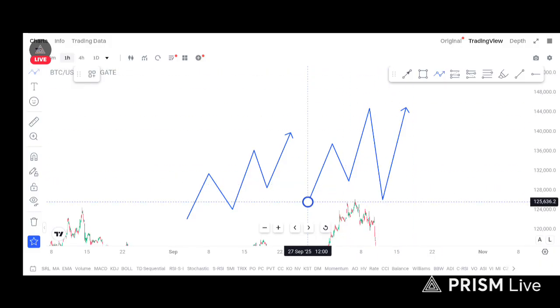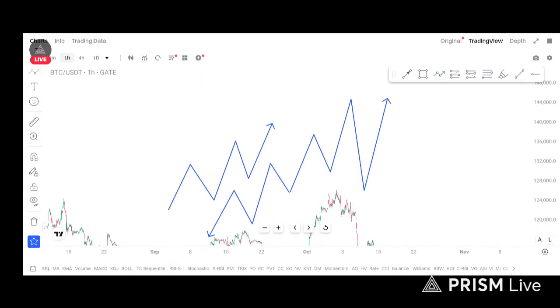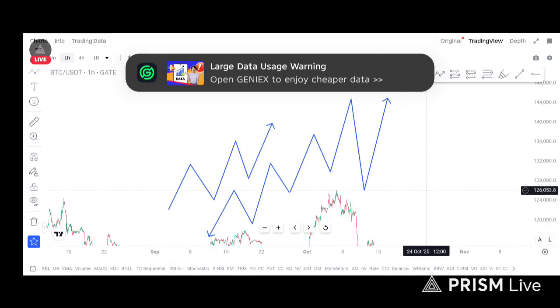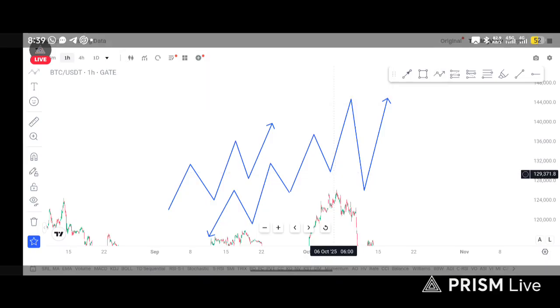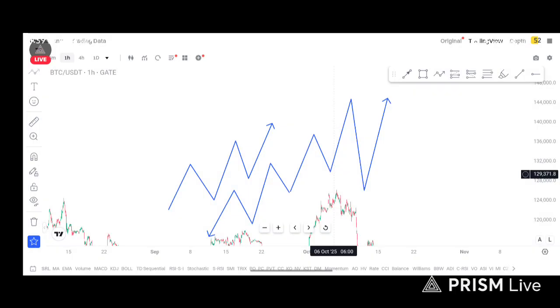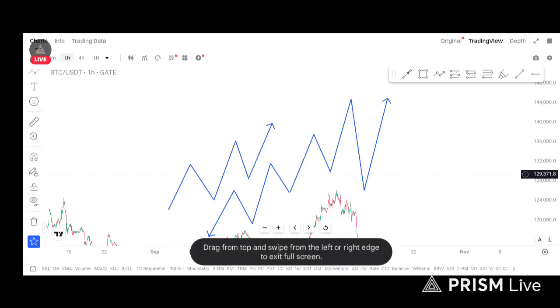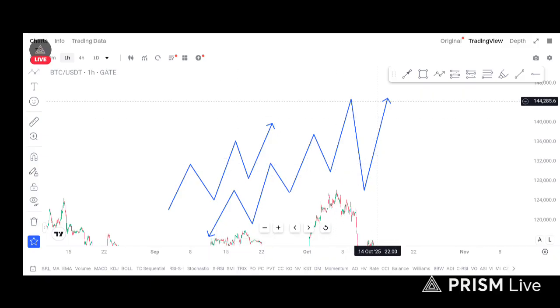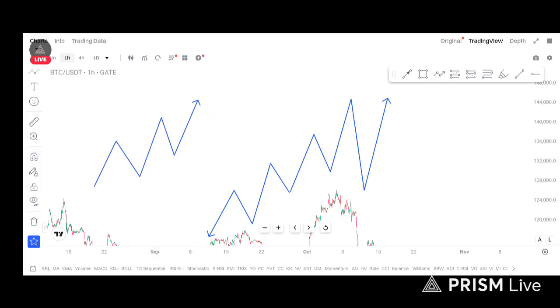The market takes out this last low, which is supposed to be protected, and continues going to the upside. So this is the advanced part. This one is the basic market structure, and this one is the advanced market structure.